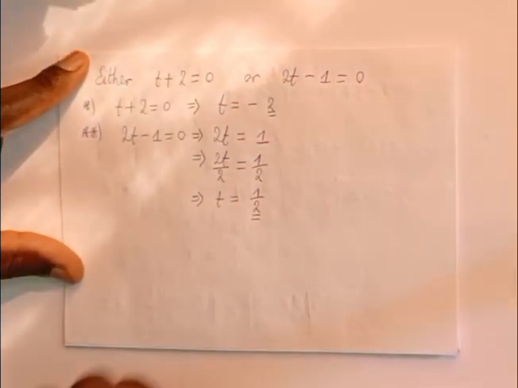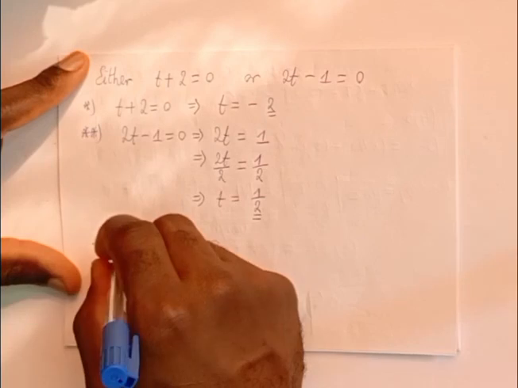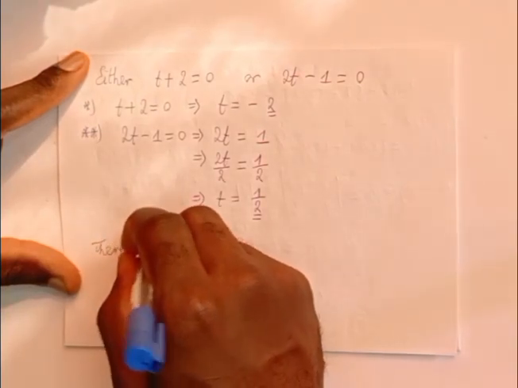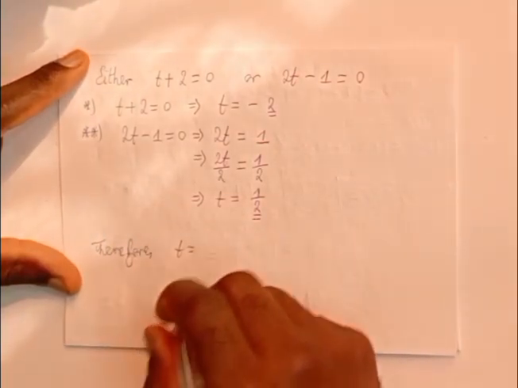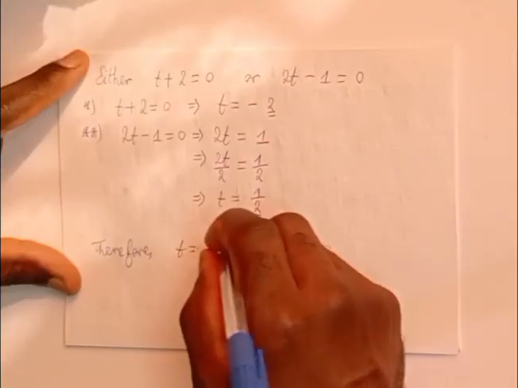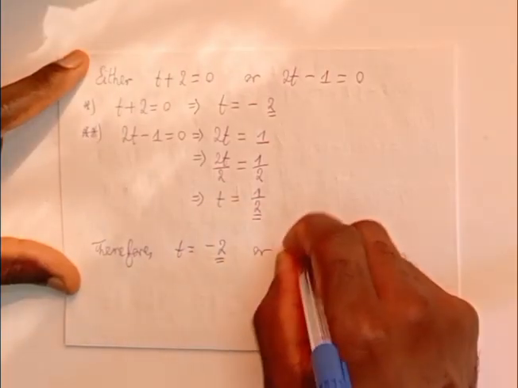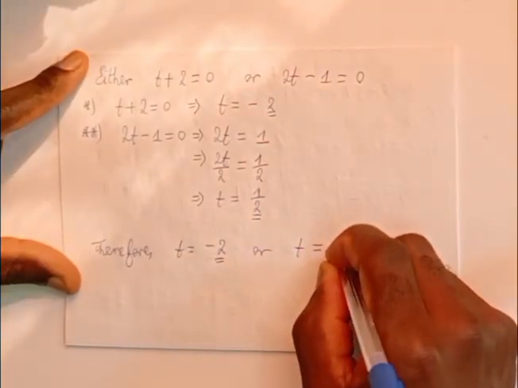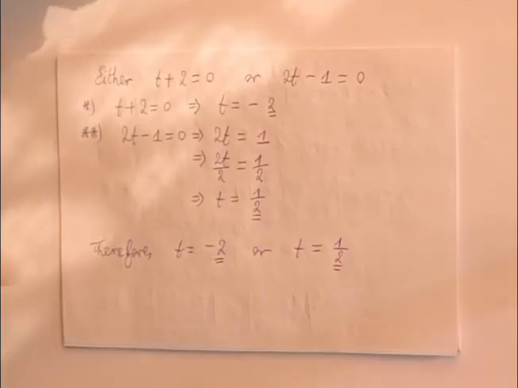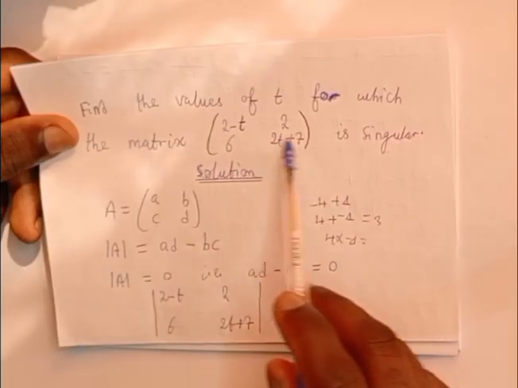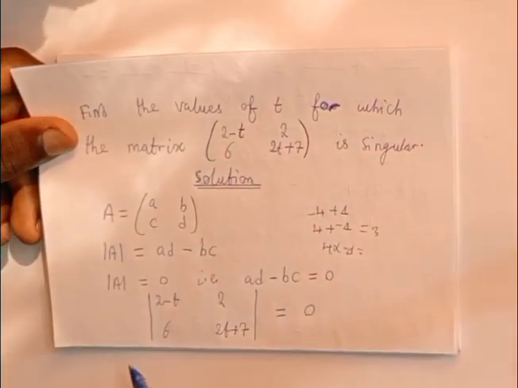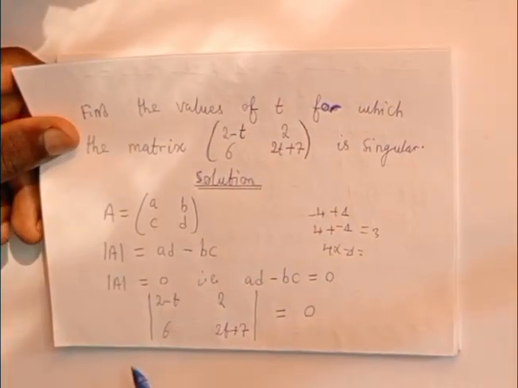These are the two values for t. Then we conclude, therefore, t is equal to negative 2 or t is equal to a half. These are the two values of t for which this matrix is a singular matrix.